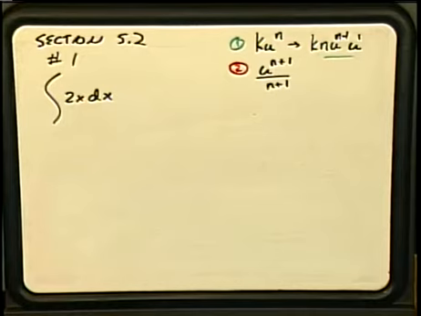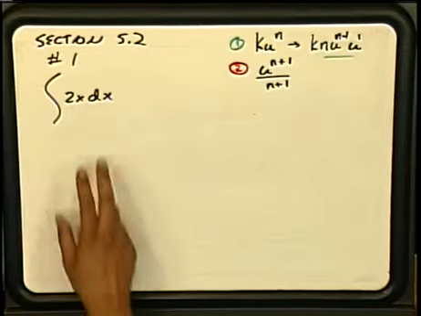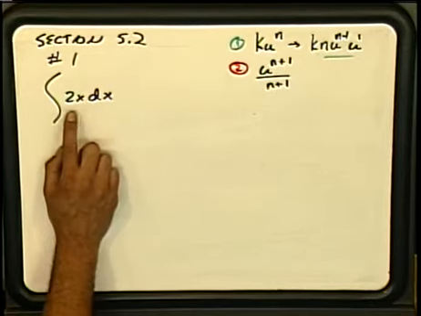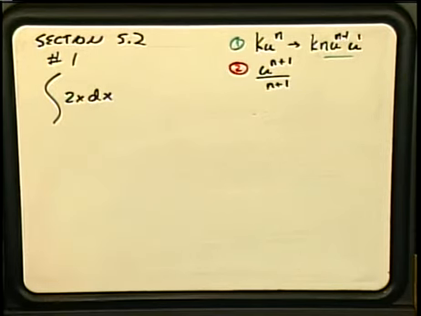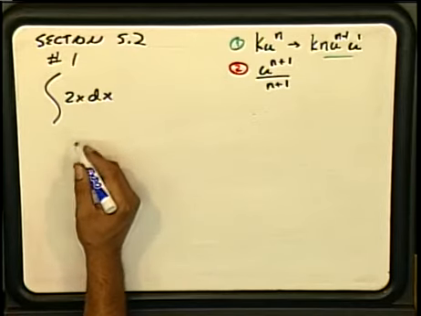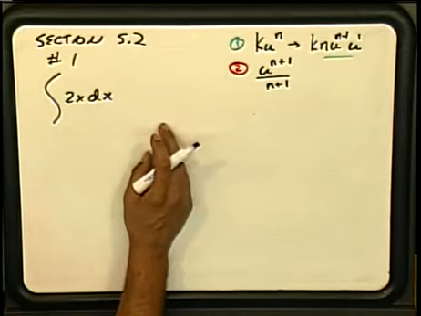This is an indefinite integral. We want to take the antiderivative of 2x. So we can use either method.